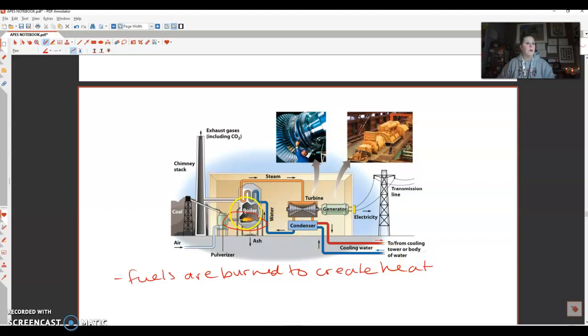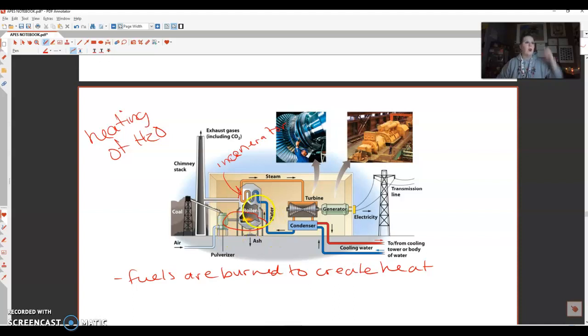Okay, so when you have this coal, for example, being burned in these incinerator units, okay, so this is going to be an incinerator. What is happening? Oh, okay, now it decides to work. An incinerator, okay. We have water running through the incinerator unit, okay. Guys, all of this is based around the heating of water, okay.